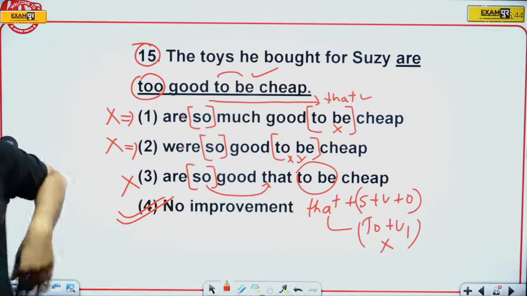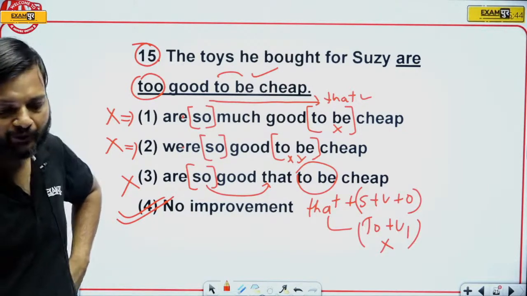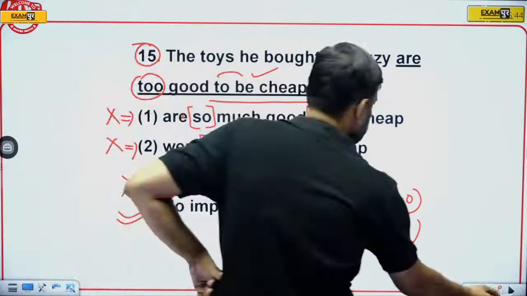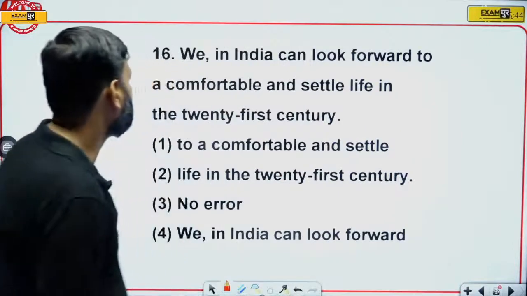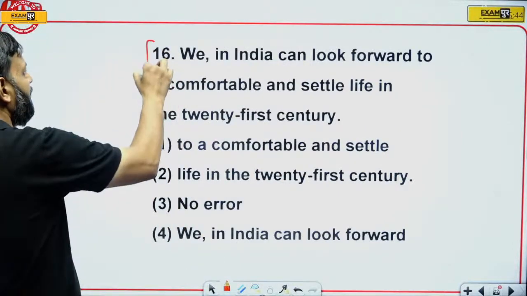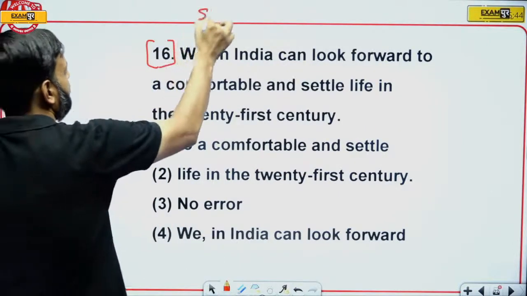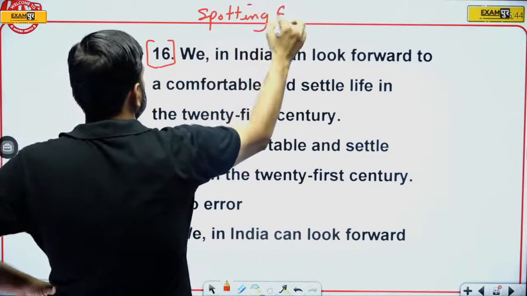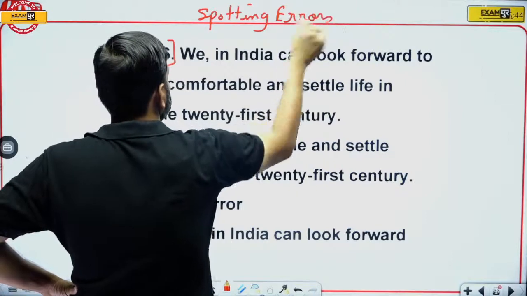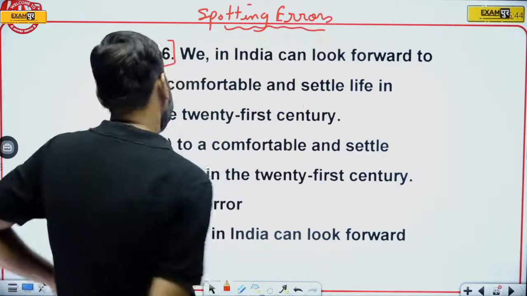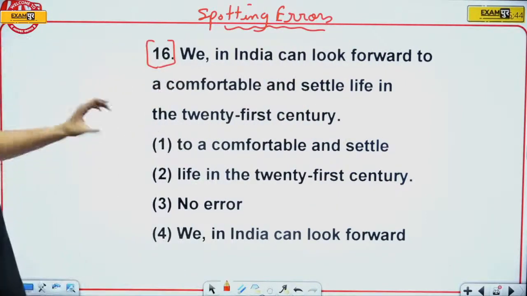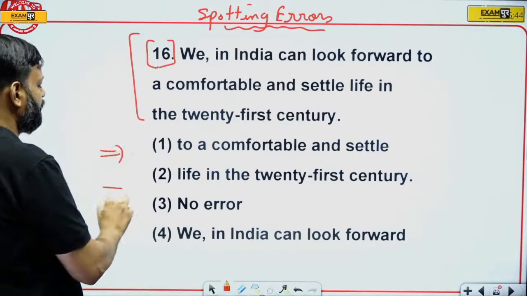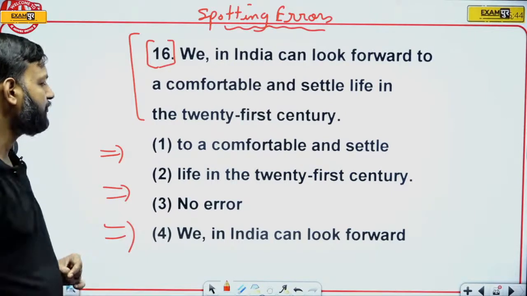Now these were some sentence improvement questions. Now let's solve some spotting error questions. Here we have question number 16, and this is a spotting error. Here we have a sentence, and it has been divided into 4 parts.